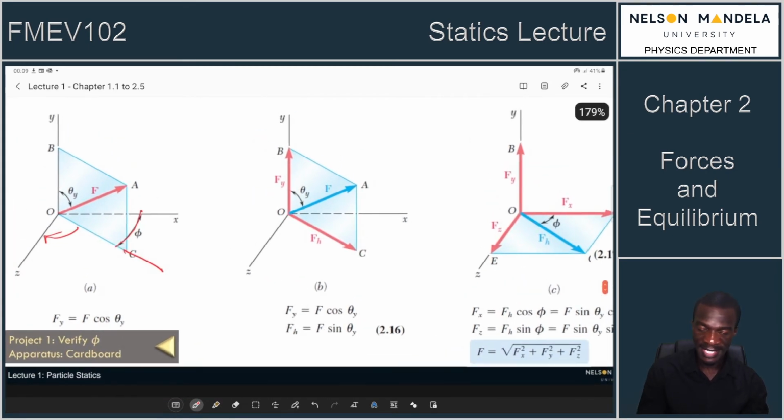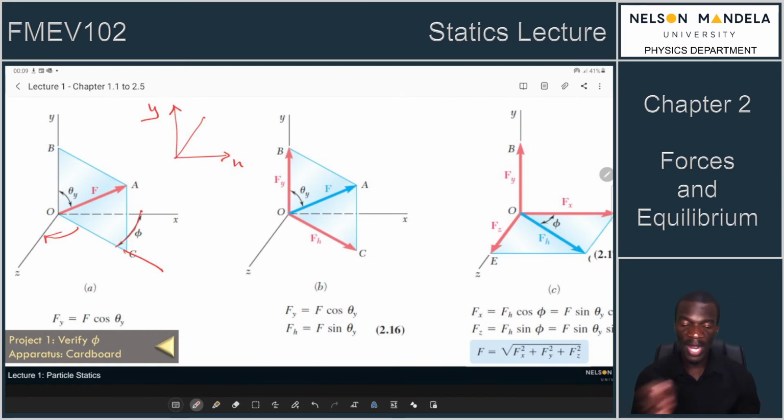So in this example, you're given some components of this force. The Fy is the Y component of the force. If you look at the trigonometry there, let's look at the Y axis. Our force is lying on that HY axis. This was the angle theta Y, which is the angle between the force and the vertical axis.